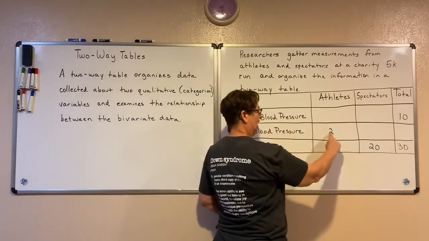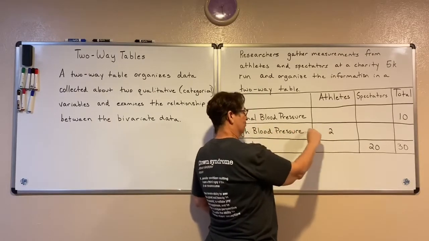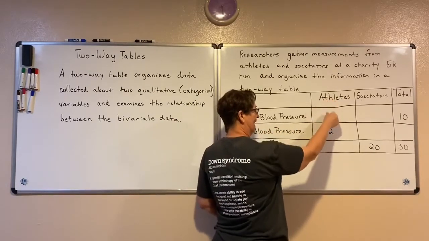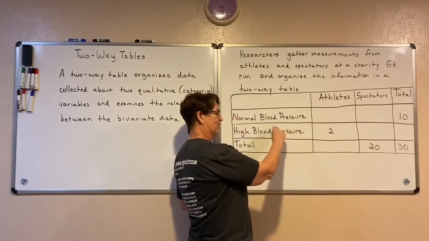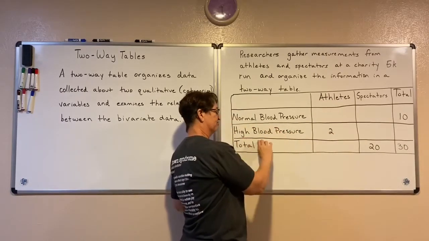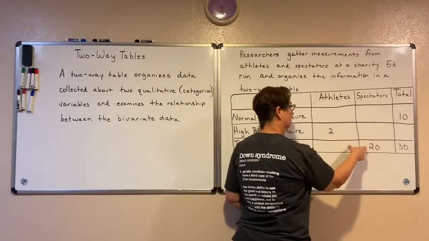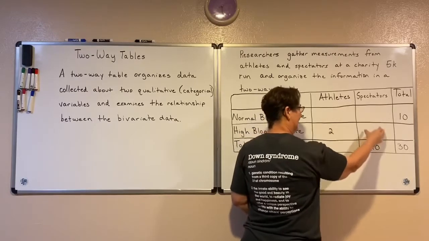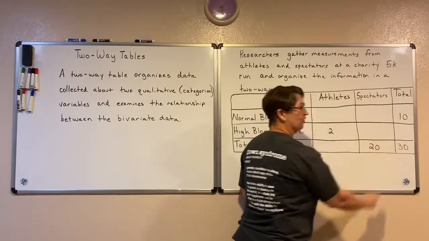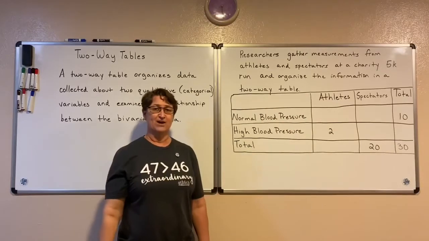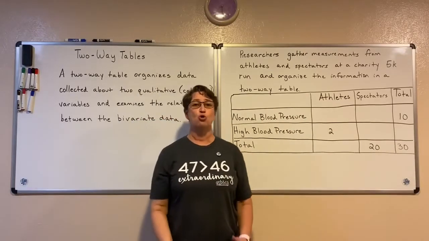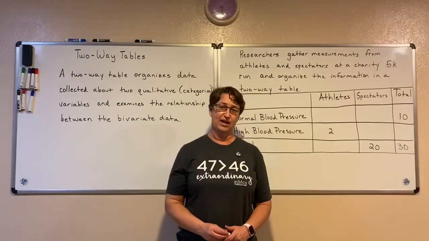This too is the high blood pressure and an athlete. So we had two athletes with high blood pressure. This bottom is the total number of athletes and spectators, the total number of people who attended our 5K. So we had 30 total people that attended the 5K.